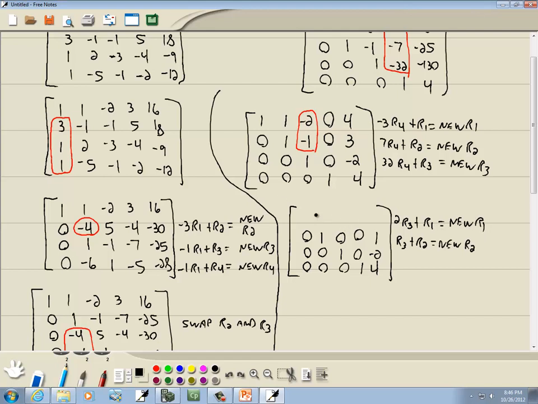Okay. 2 times 0 is 0 plus 1 is 1. 2 times 0 is 0 plus 1 is 1. 2 times 1 is 2 plus negative 2 is 0. 2 times 0 is 0 plus 0 is 0. 2 times negative 2 is negative 4 plus 4 is 0. Now let me double check that. 2 times that plus that. Okay, that all checks out.